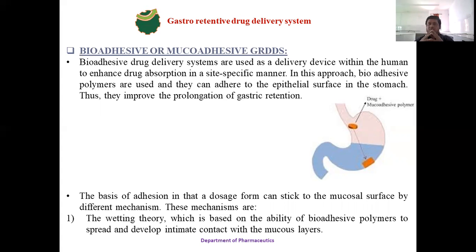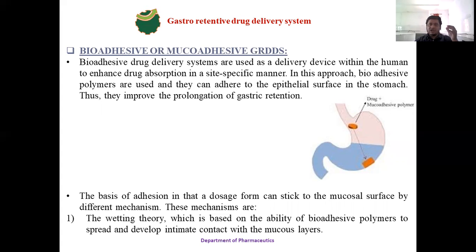Okay, so those are mucoadhesive or bioadhesive polymers, like chitosan, like gelatin, even some second generation polymers, like thiomer. So there are various types of bioadhesive polymers, and by using those we can prepare that particular system.